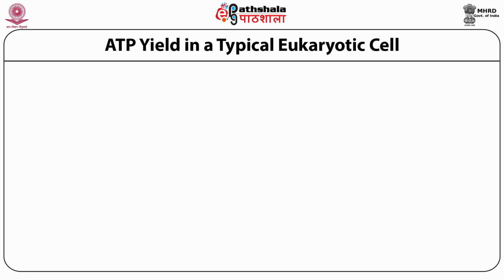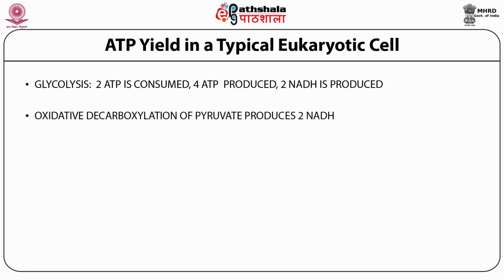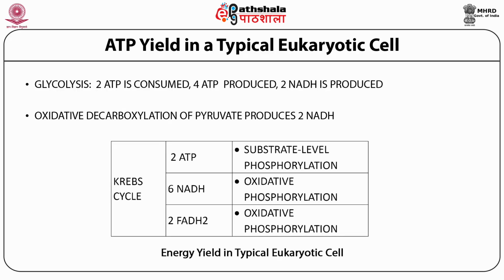The glucose undergoes glycolysis, where 2 ATP are consumed, 4 ATP are produced, and 2 NADH are produced. Then it undergoes oxidative decarboxylation, where 2 NADH are produced. That forms acetyl coenzyme A, which ultimately enters into the Krebs cycle that releases 2 ATPs, 6 NADH and 2 FADH2.